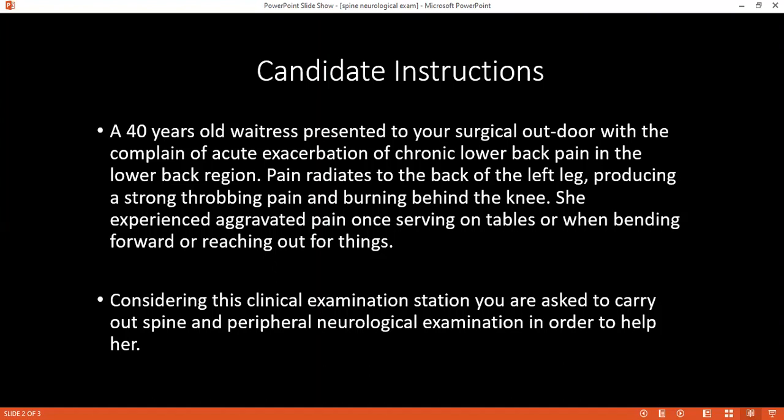To confirm my diagnosis, I will do an X-ray of the lumbosacral spine, AP and lateral view. I'll also consider MRI of the spine.